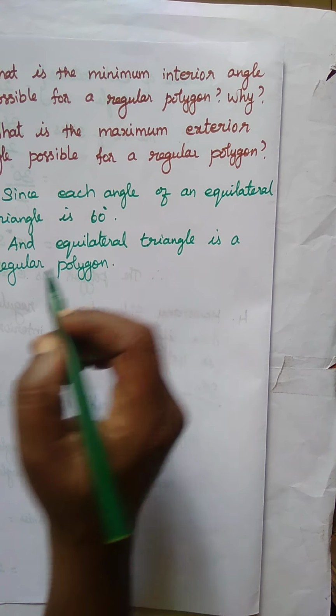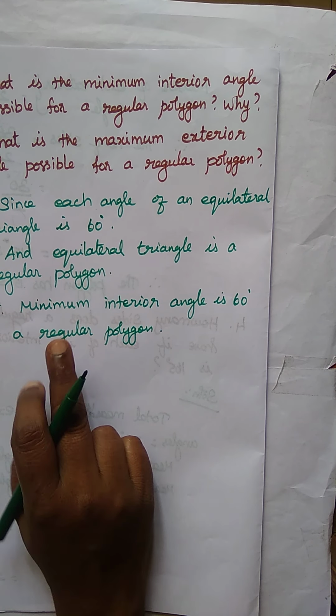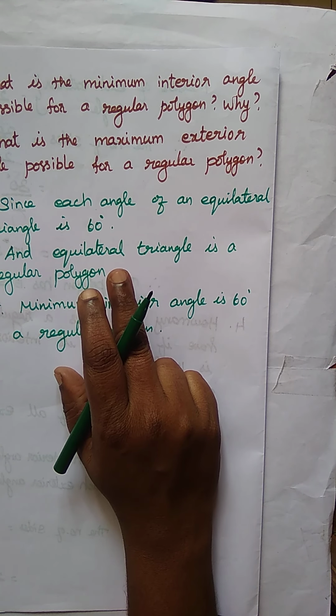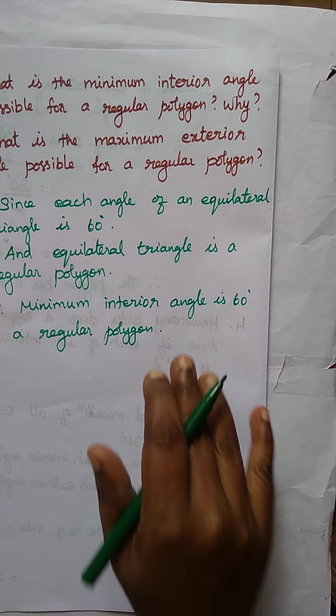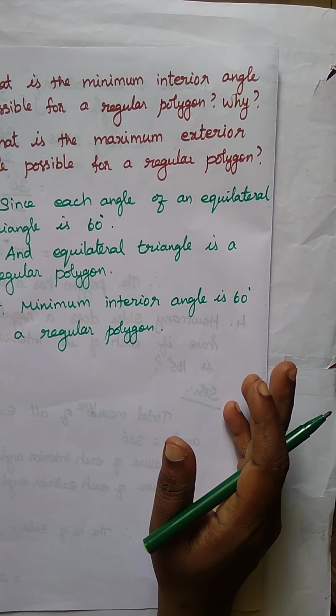Okay. The next subdivision, B. So since the minimum interior angle of a regular polygon is 60 degree, as we have found, using that we are going to find the maximum exterior angle.